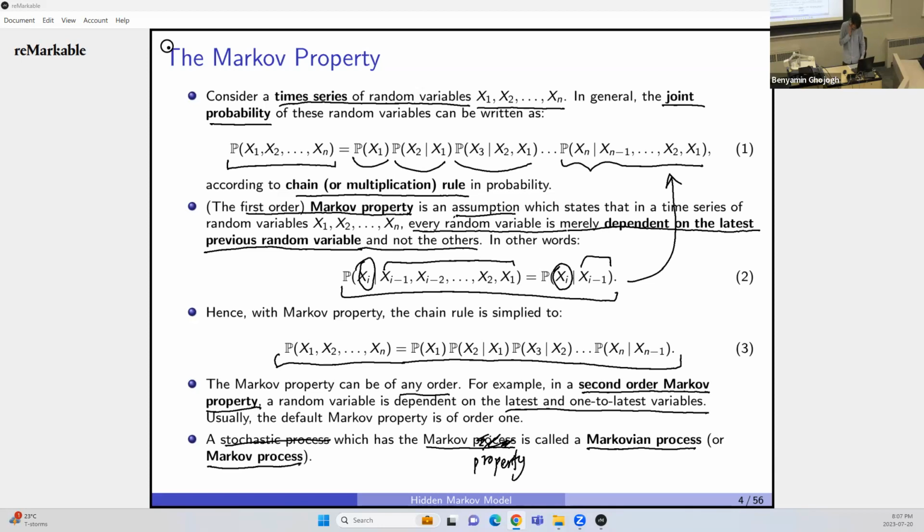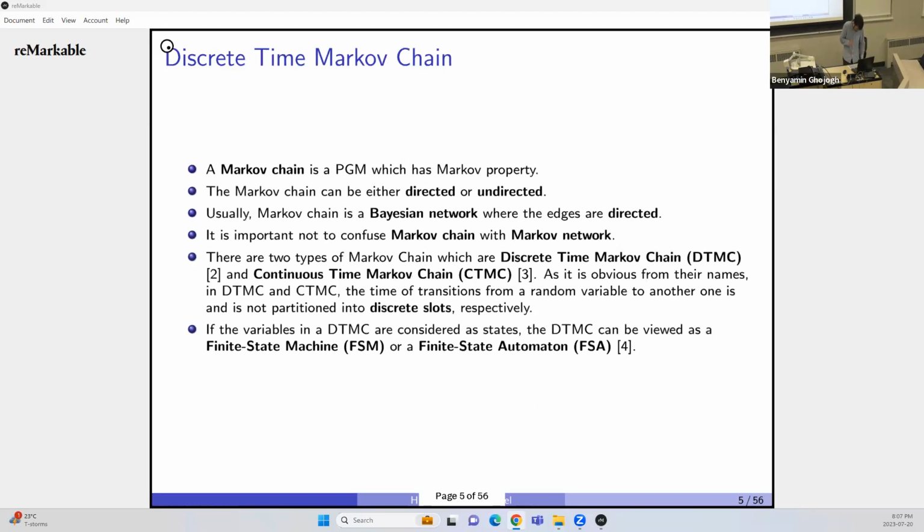Okay, now let's talk about the Markov chain. A Markov chain is a probabilistic graphical model which has the Markov property. It's called a Markov chain. The Markov chain can be either directed or undirected. So it can be either a Bayesian network or a Markov network.